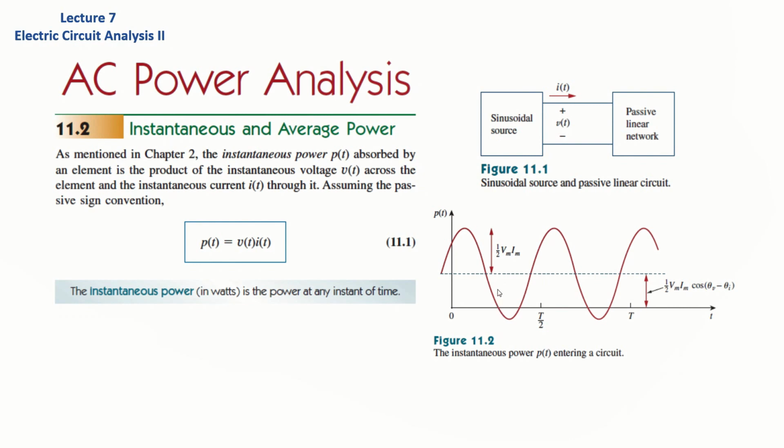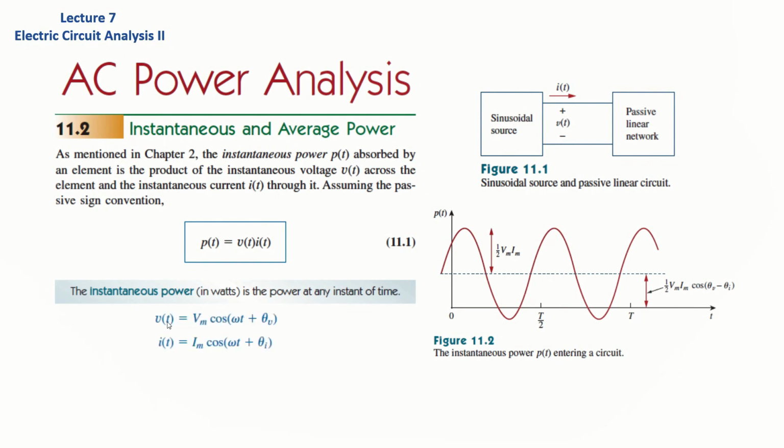So this type of power is referred to as instantaneous power: power that has a different value at different instants of time. The term instantaneous refers to the continuity of the power function.